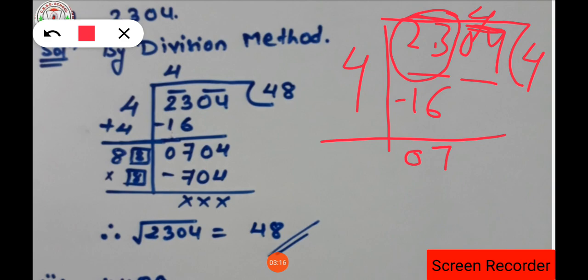Okay, so what number do we have now? 07. Now the second pair is what? The second pair is 04. The second pair will be brought down at the next step, and then this 4 will be added here. Okay, so 4 plus 4 is how much?